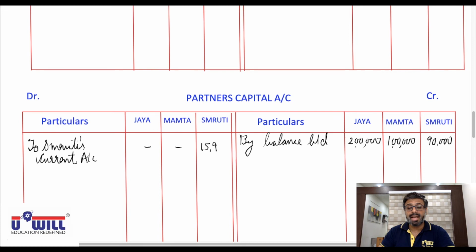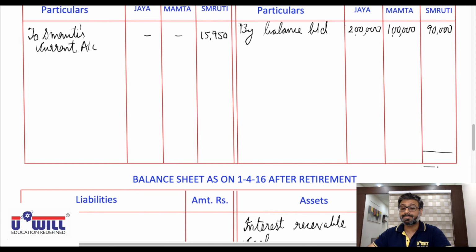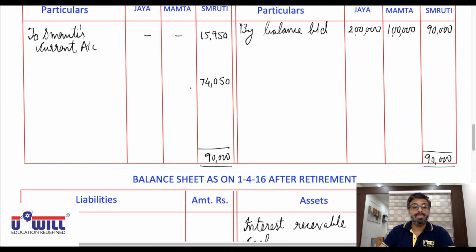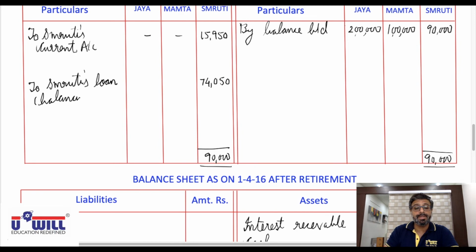Then Smriti's final balance will go to her loan. Credit side 90,000 minus 15,950, so 74,050 to Smriti's loan account. So the final balance payable to her after adjusting her past loan, current account and everything is 74,050, the balancing figure.